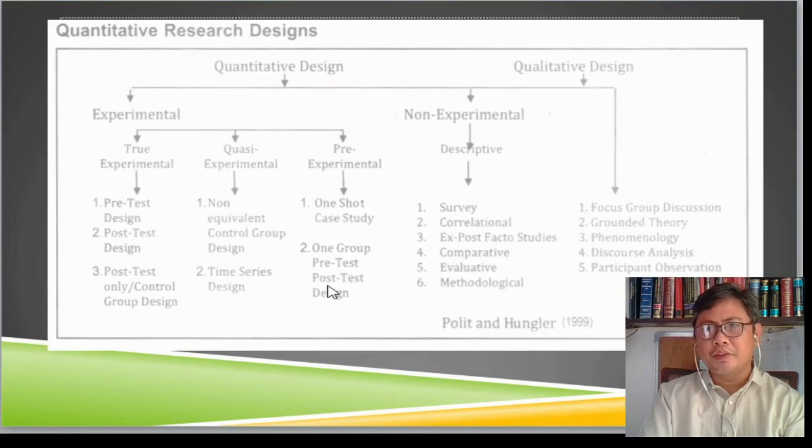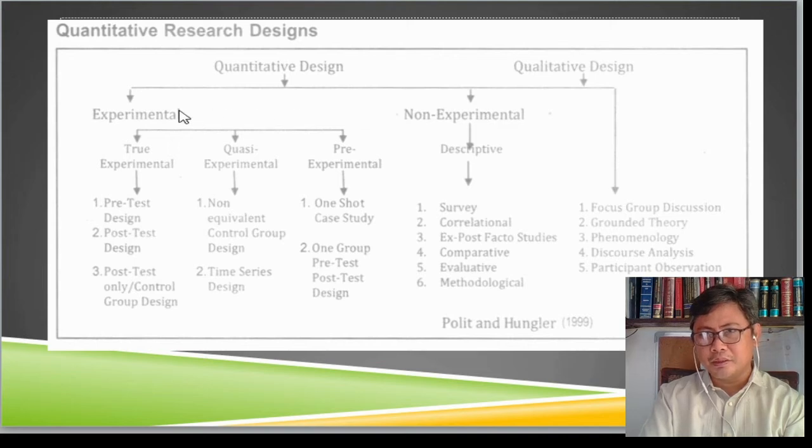So quantitative research designs have many types or kinds. We have two categories of research. We have the qualitative, which we already discussed in Practical Research 1, and the quantitative research design, in which there are two kinds: the experimental and non-experimental.